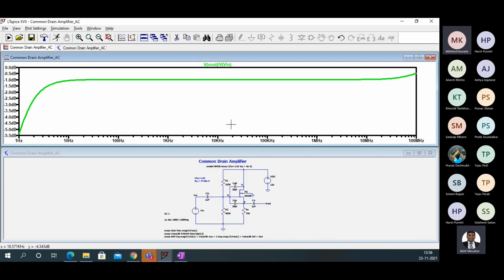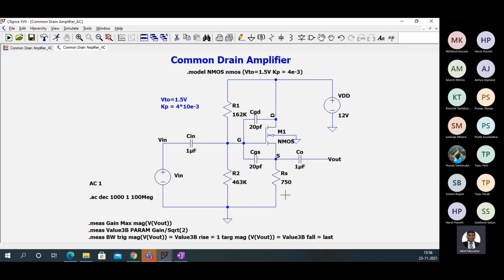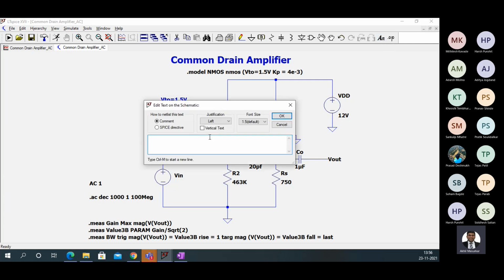Sir, can you show the circuit? Sir, circuit. Okay. Thank you, sir. So here I am just naming.